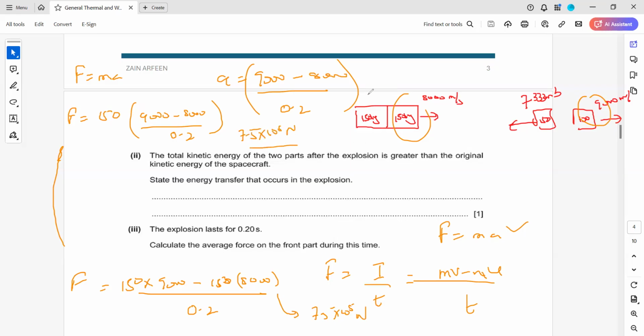So you can use any formula. It can be related to the impulse and time, or it can be force, mass, and acceleration.